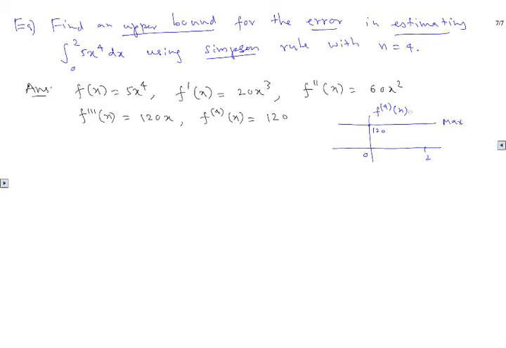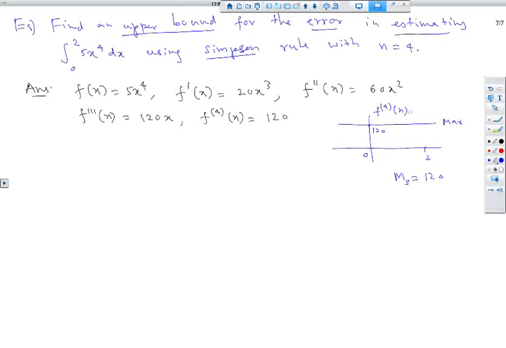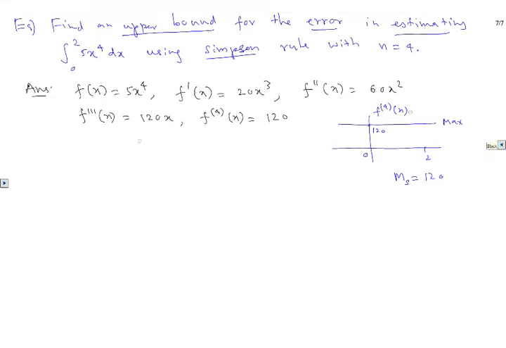So Ms is 120. This says that the absolute maximum of the fourth derivative is 120. So we're going to pick that value as Ms.